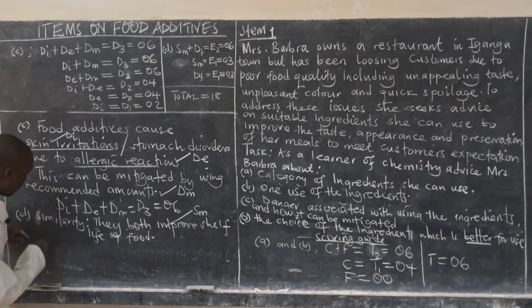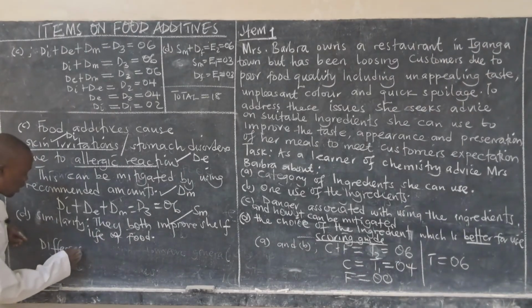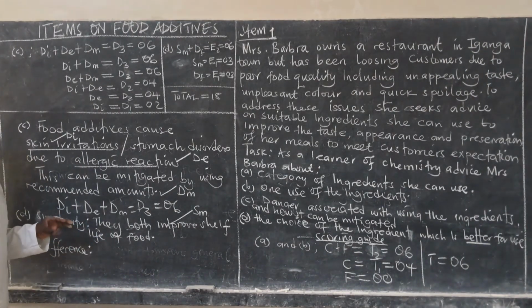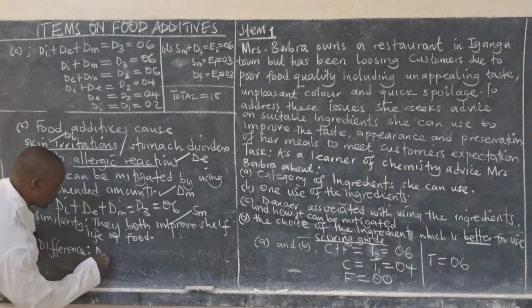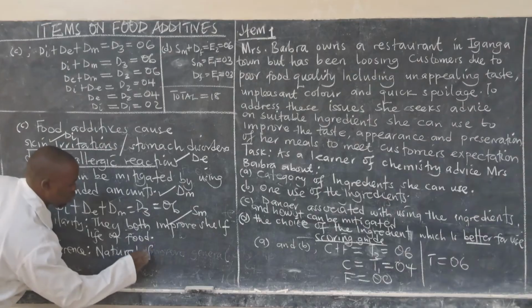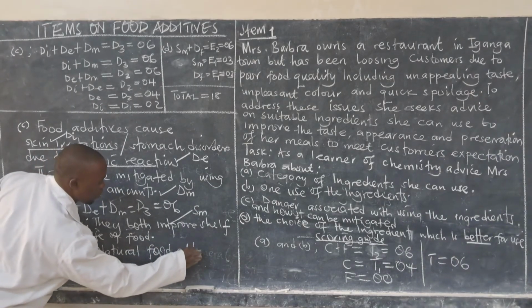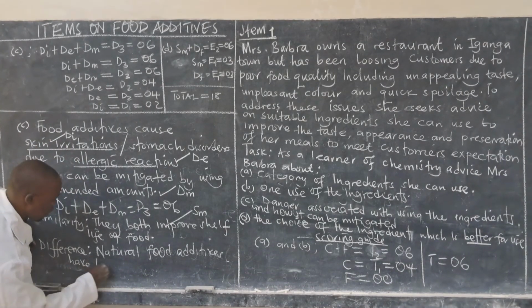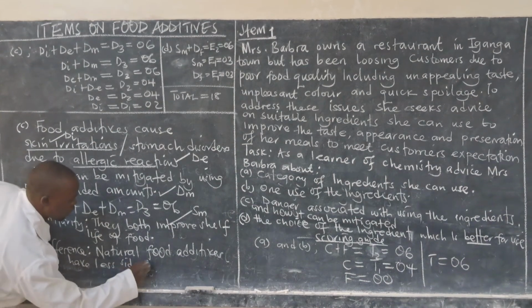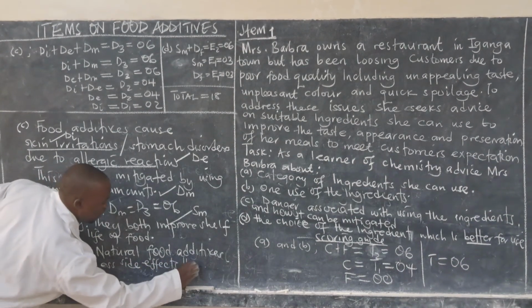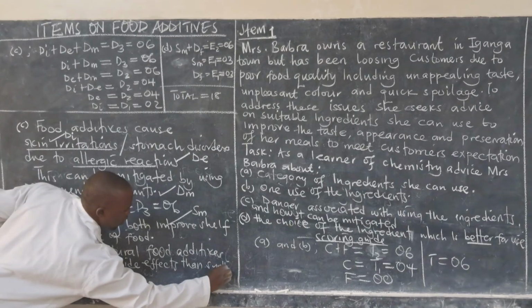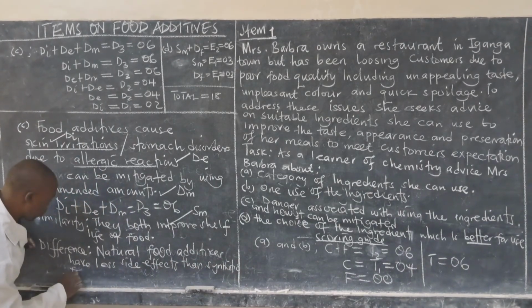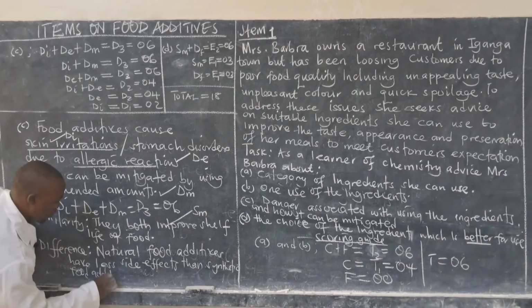That is a similarity. A similarity is actually the uses of the various categories of food additives, which are either natural or synthetic. So the difference between natural and synthetic here is that natural food additives have less side effects than synthetic food additives.